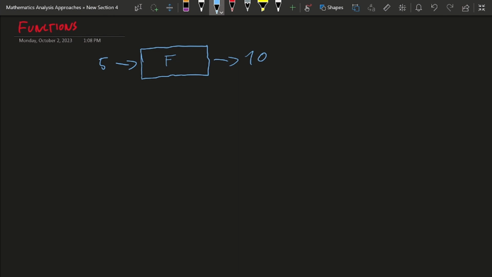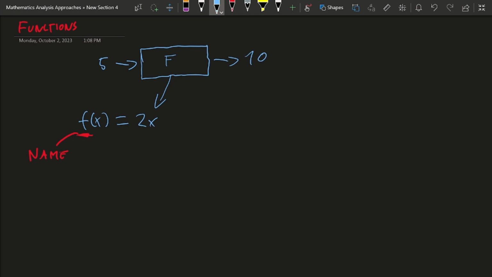Inside this machine, if you unpack it, you will see this notation here. f of x is equal to 2x. Now let's look at what these mean. f, in this case, is the name of the function.